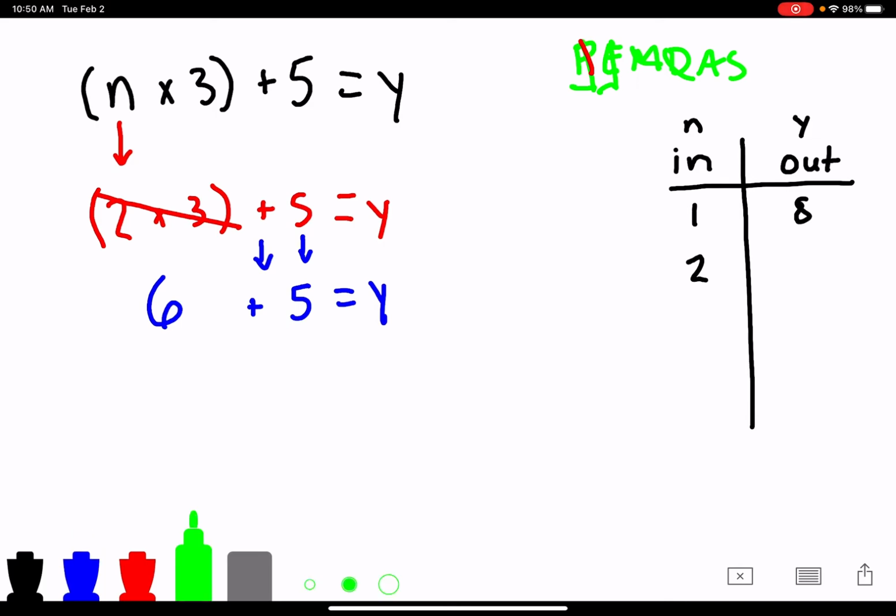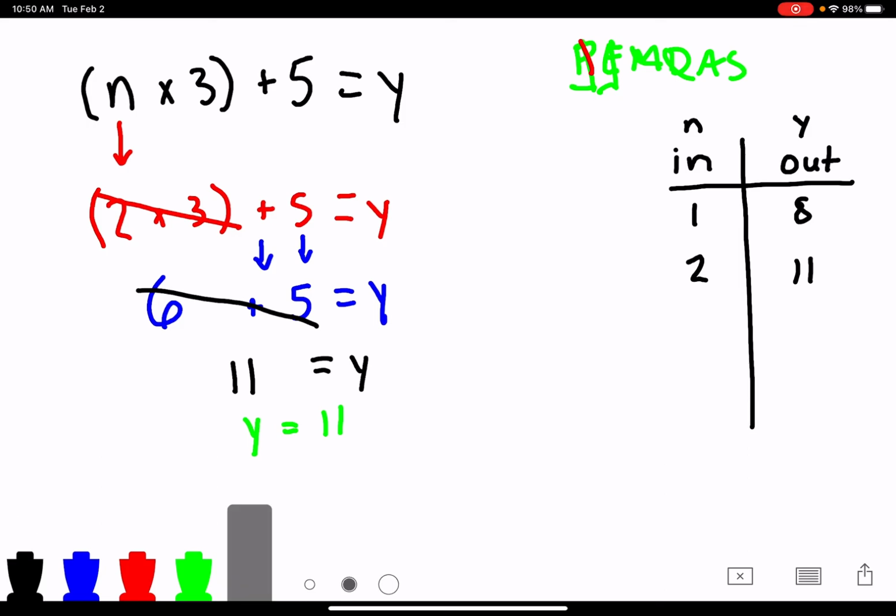I need to solve my addition. 6 plus 5 is 11, and I copy everything else the same. Copy the equals y. 11 equals y. If 11 equals y, that means that y equals 11. They equal each other. So if n is 2, y is 11.